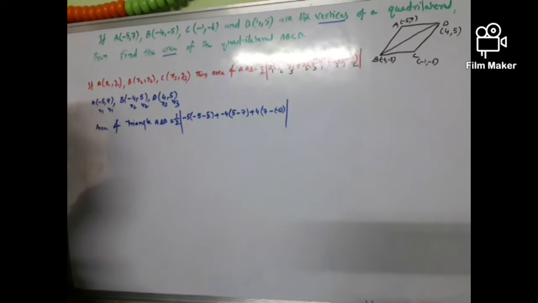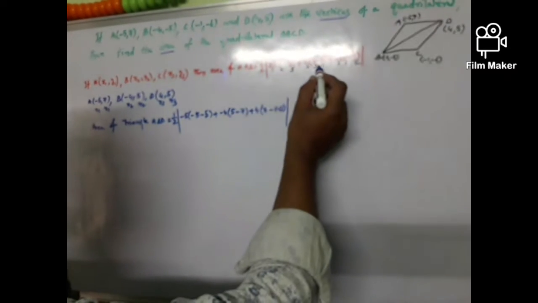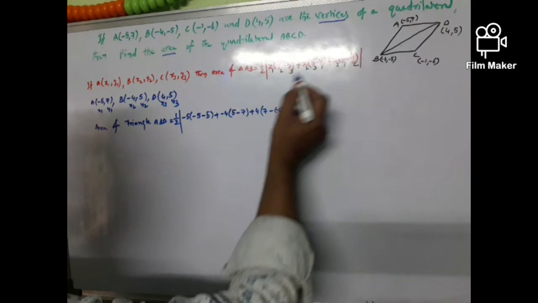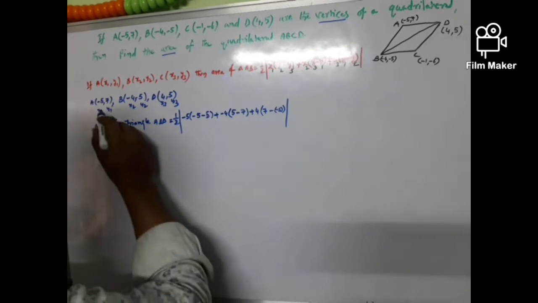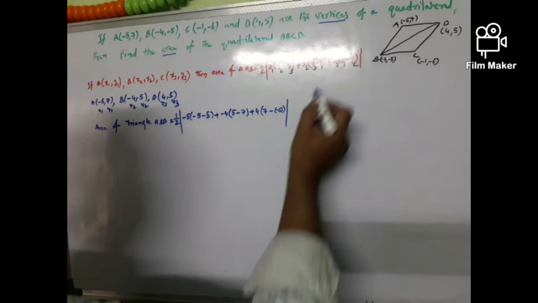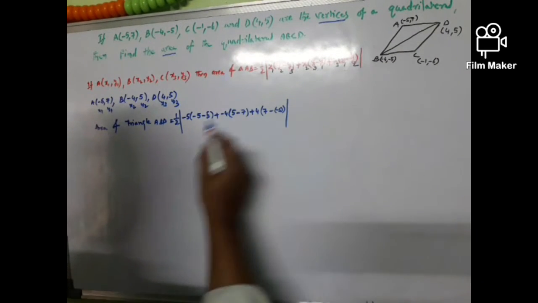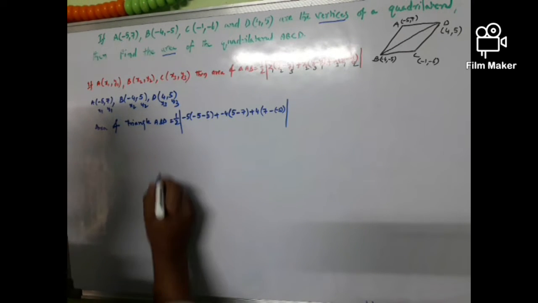Next y1 is 7, right? Next y2 is minus 5, right?